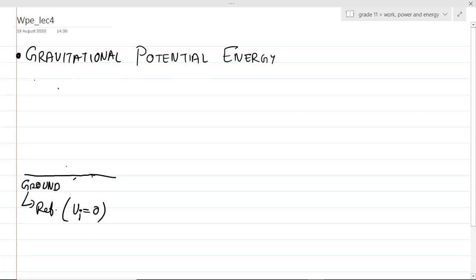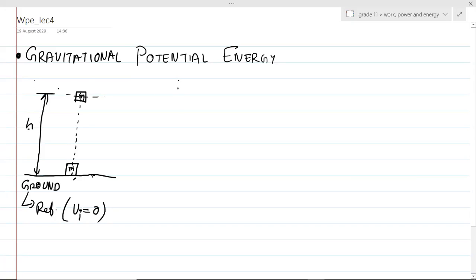And if I have a block, whatever block is there, I want to lift this block to a height h above the ground. So from here I want to move this block over here, right?